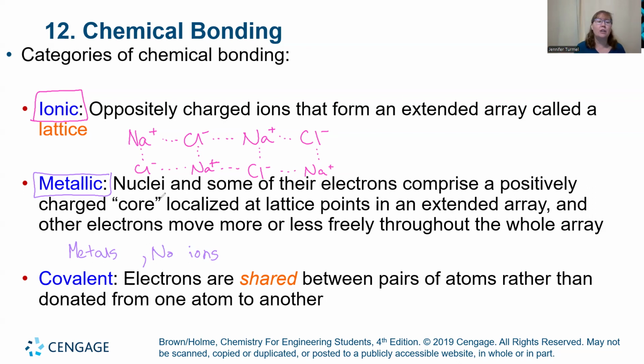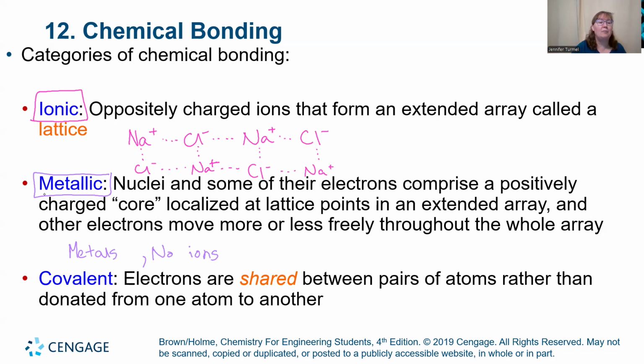So the nuclei and the core electrons form this lattice structure again for your metals, and your valence electrons basically move freely throughout the whole array. And that's one of the reasons that it can be malleable. It's one of the reasons that it conducts electricity. And we'll get to that a little bit more later.